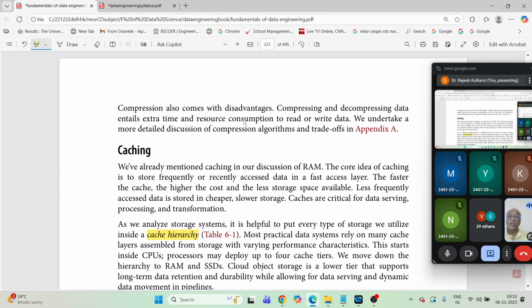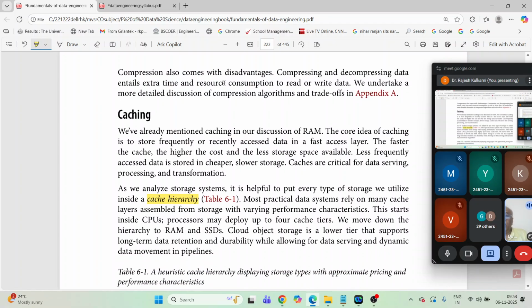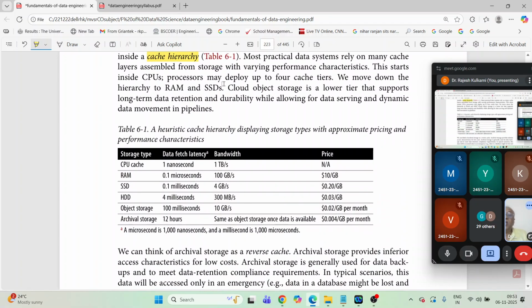Then you have caching, and you know all the kinds of caches. Maybe you learned in your computer organization about L1 cache, L2 cache, L3 cache, L4 cache, and you also know the purpose of a cache. What is the purpose of a cache? Frequently required instructions or data are kept in those caches, right? There is a cache hierarchy table mentioned here.